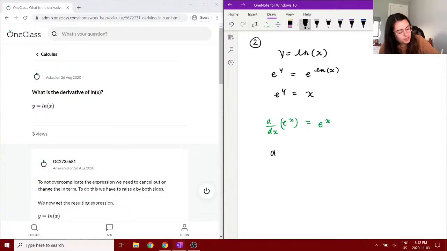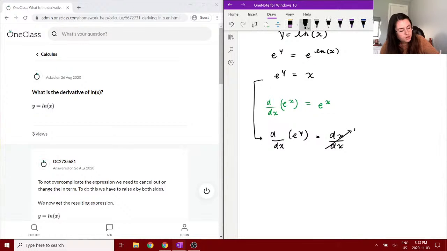If we take the derivative then of this equation that we just came up with, of e to the y, and also take the derivative of the other side as well, of course. This side becomes 1 because it's just dx over dx.